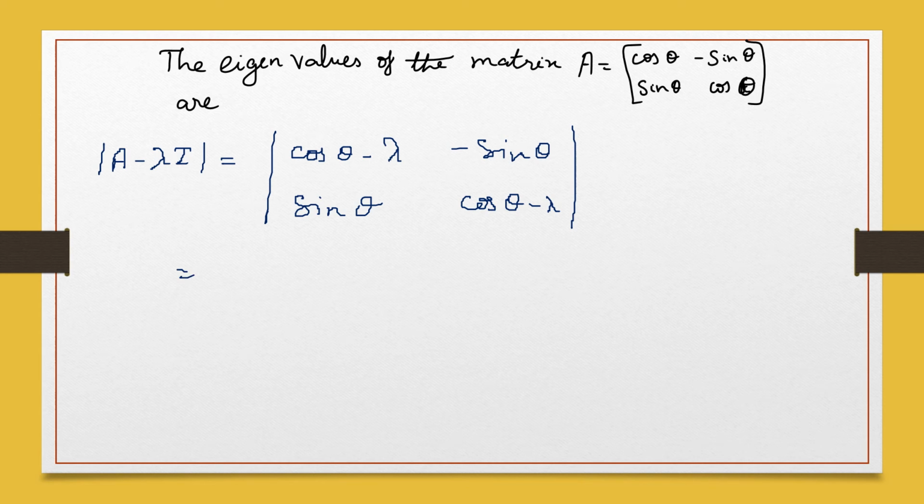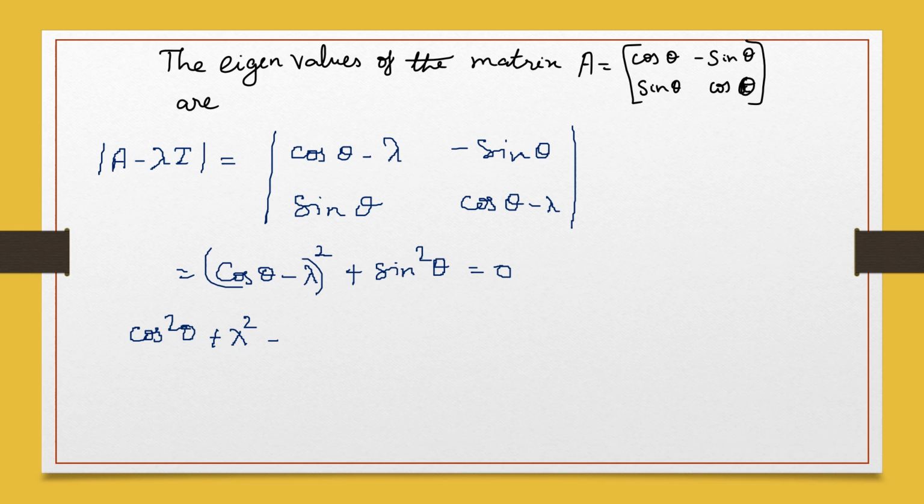So determinant, we have to find: cos theta minus lambda whole square, and then minus of minus, plus sine square theta, and this is equated with 0. So a minus b the whole square form, that is cos square theta plus lambda square minus 2 lambda cos theta plus sine square theta is equal to 0.